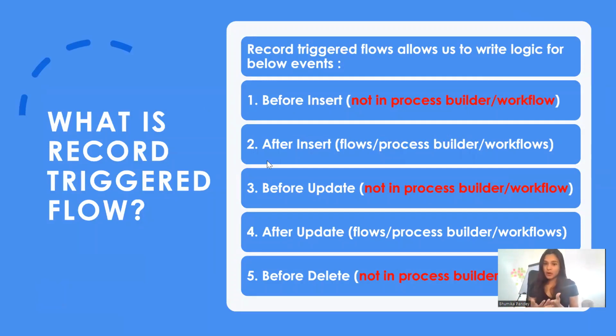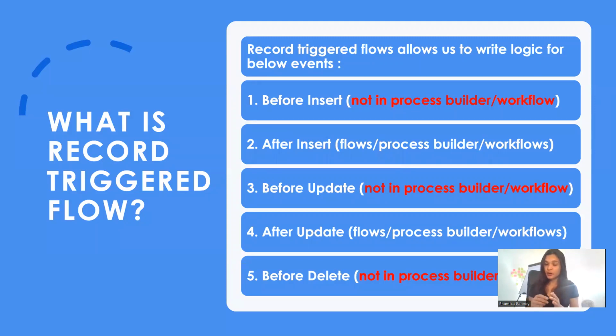If you have worked on process builders and workflows, then there are a few things that you would already be knowing, but I would just reiterate all of those things. For example, if you're working on a process builder and you have a requirement, there is nothing that you can implement in process builder that will get executed before you're saving the record.